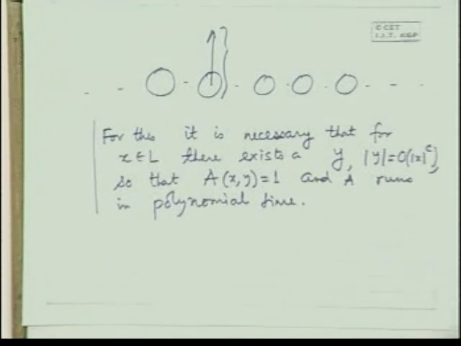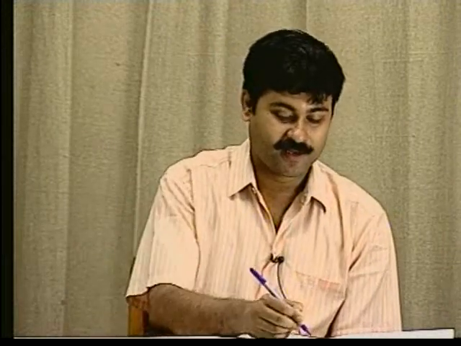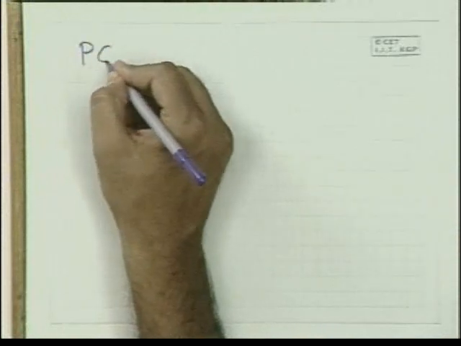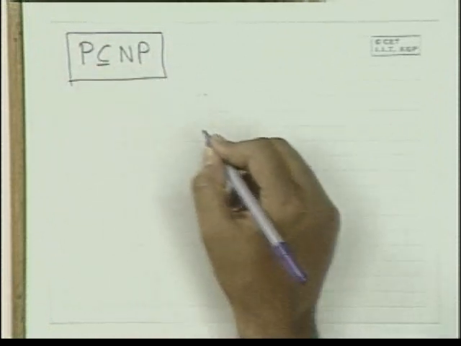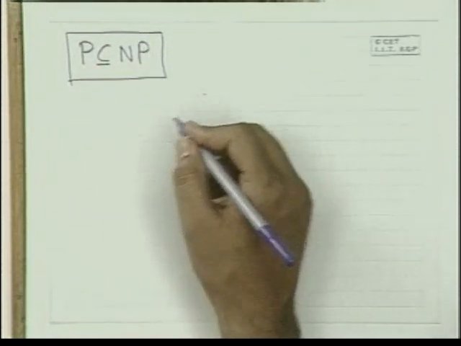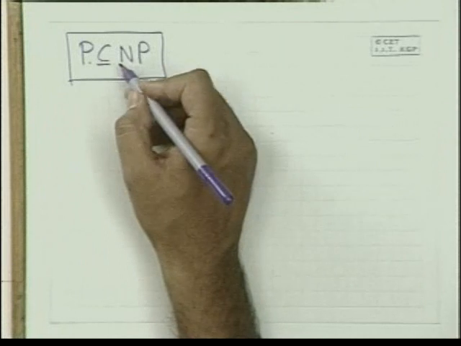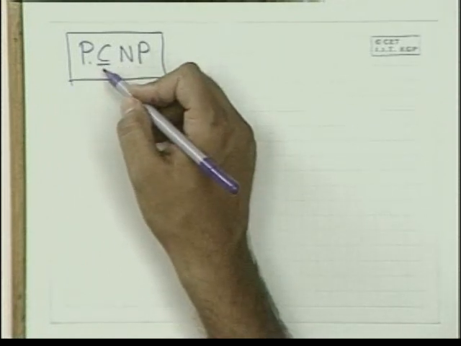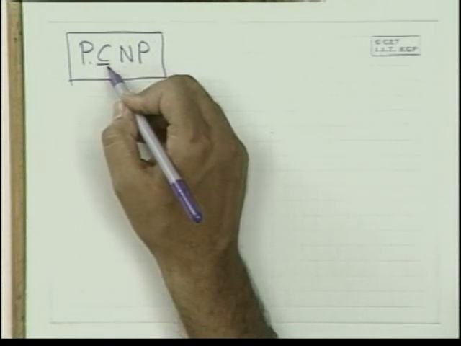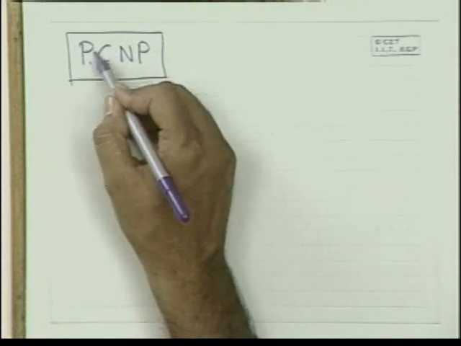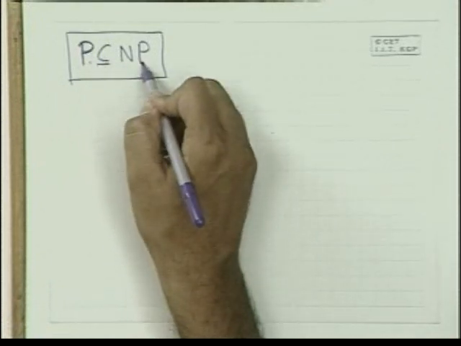Now notice, with this definition of NP, it is almost immediate to claim this. The claim is P is a subset of the class NP. Why is that so? We already know P can be solved deterministically in polynomial time. So how can we say that P belongs to NP?